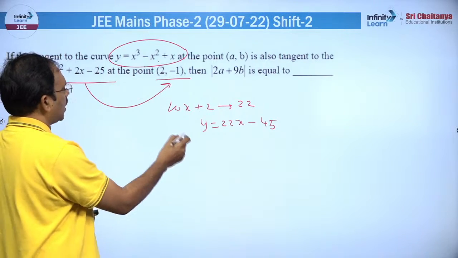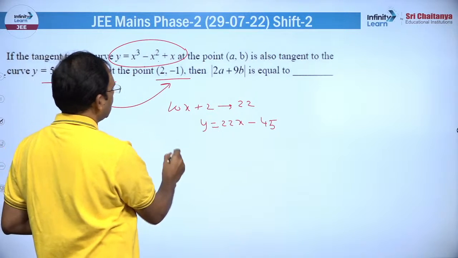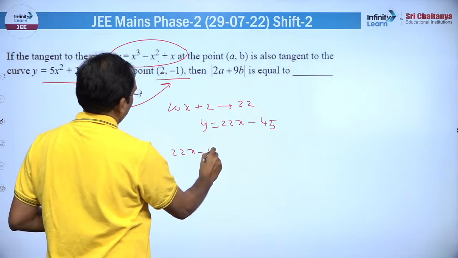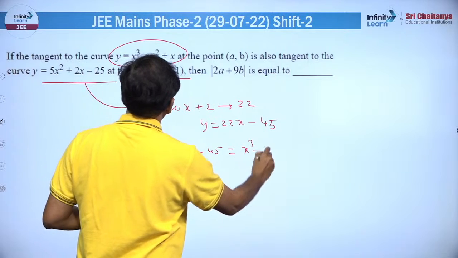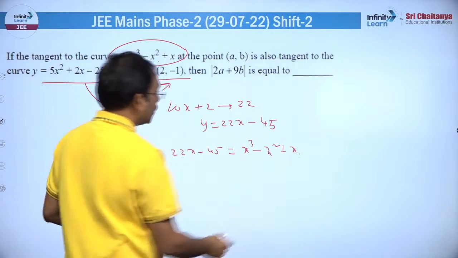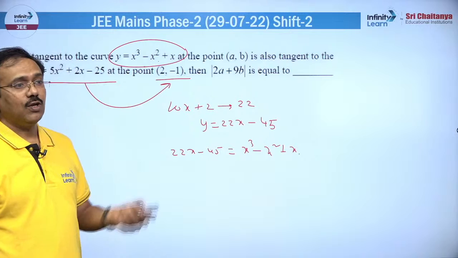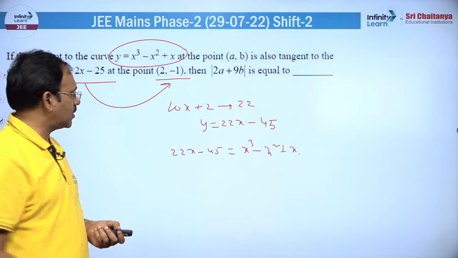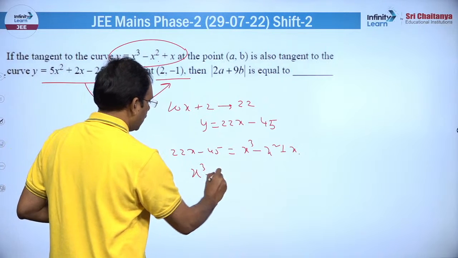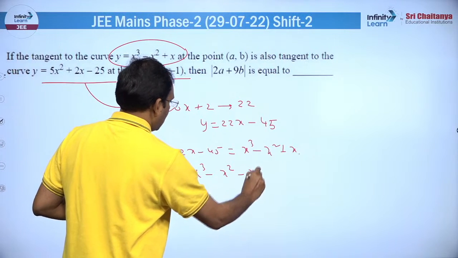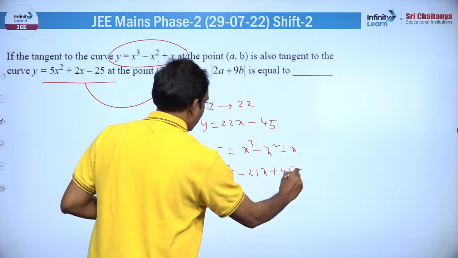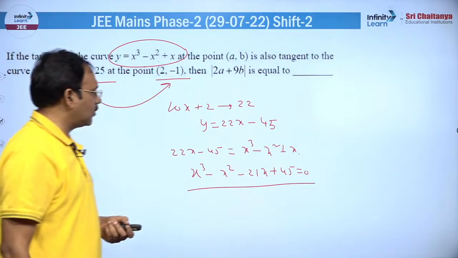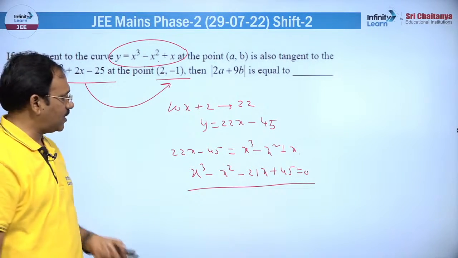So why don't you solve the equation? You can replace this: 22x minus 45 is equal to x cube minus x square plus x, which is a cubic equation which must have two same roots, that is x cube minus x square minus 21x plus 45 equal to 0. You can try the roots of this equation, my dear friends.